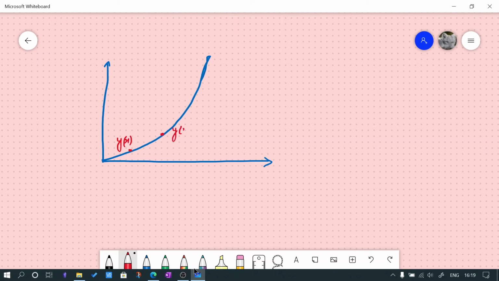This is y of x plus delta x. This is x. This is x plus delta x. So hence this value is delta x. This almost looks like a straight line, and this is exactly the concept which the method builds on.